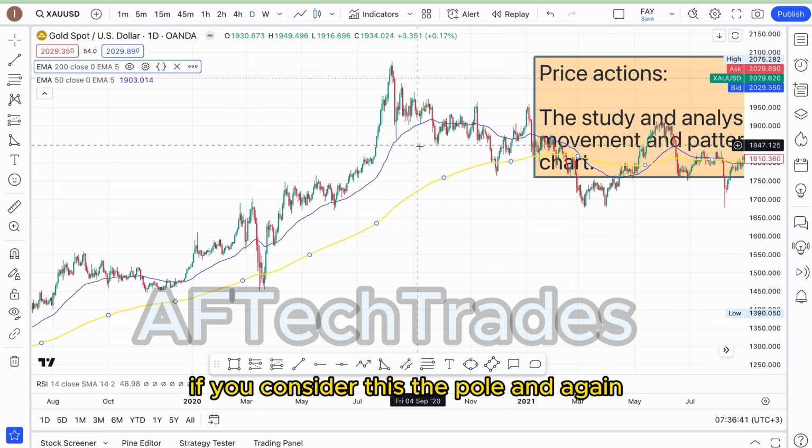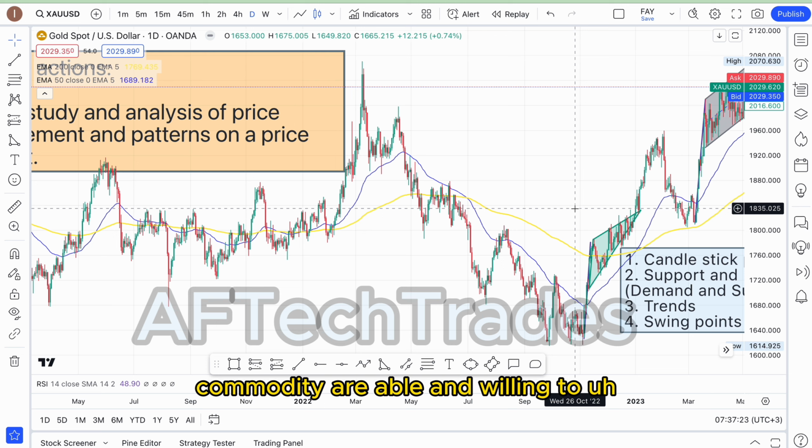Okay, so now we talk about the support and resistance level, or the demand and supply region. From basic economics, when we say demand, this is when there is a demand for a product. People come into the market, they want to buy more. And supply is where the sellers of those commodities are able and willing to fulfill the demand of the people requesting to buy, and then we have equilibrium of demand and supply.